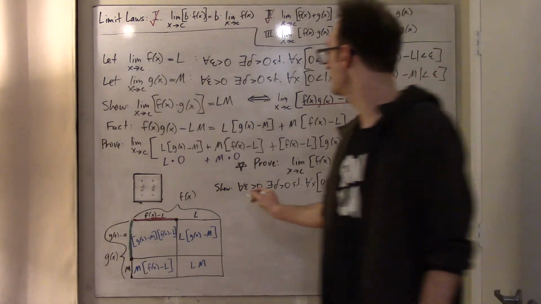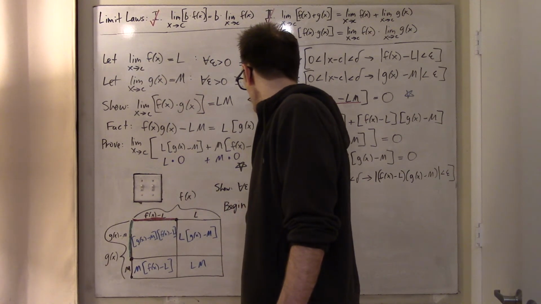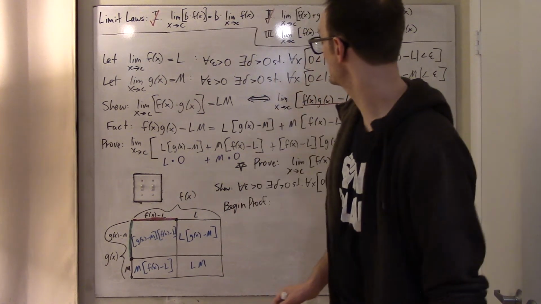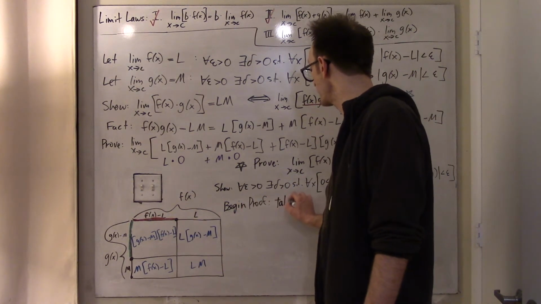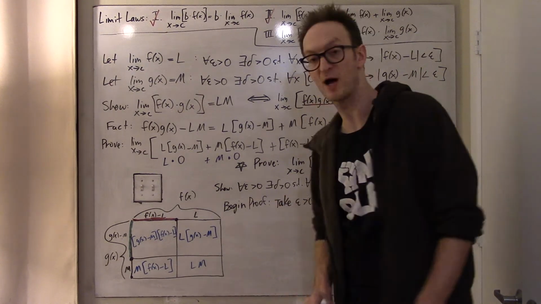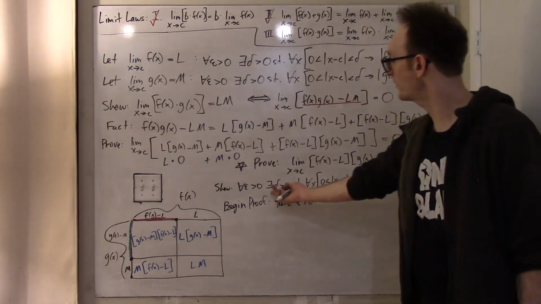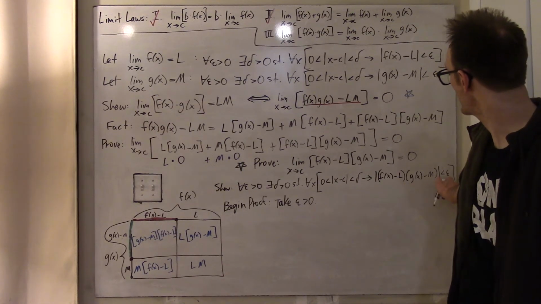Well, maybe we begin the proof. So begin proof. What is the first thing that happens? The first thing that happens is we receive an epsilon. So take arbitrary epsilon greater than 0. And now I have to figure out how to respond, right? I have to figure out what delta to respond such that this product is less than epsilon.